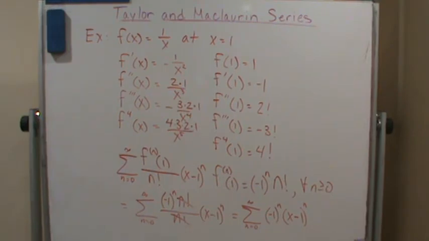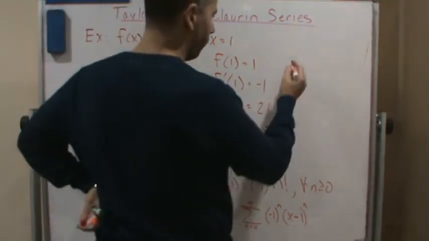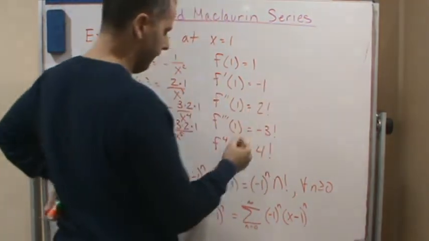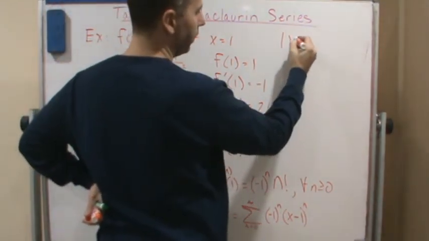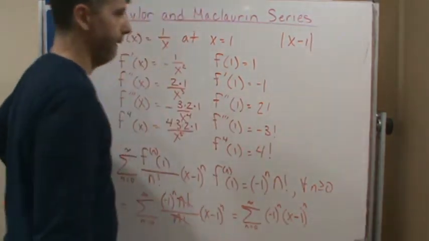And to find the interval of convergence, we just use the ratio test. If we use the ratio test, we'll find that the ratio of the absolute values will actually give us the absolute value of x minus 1.